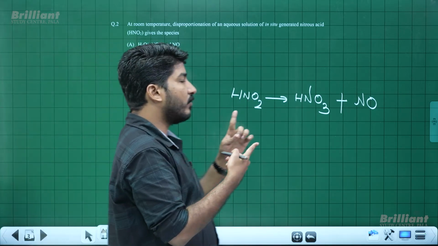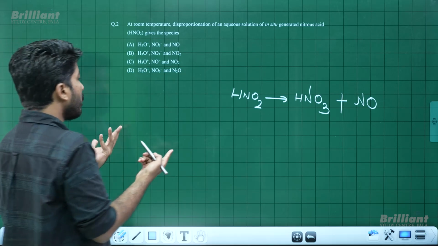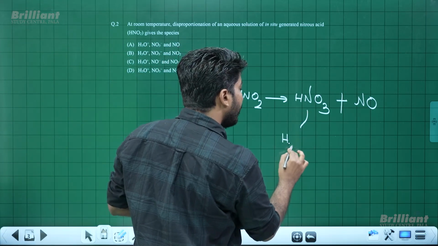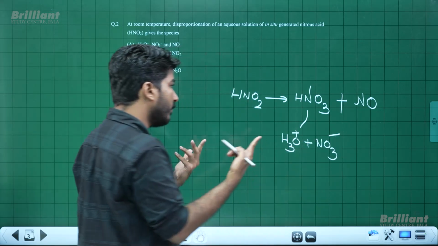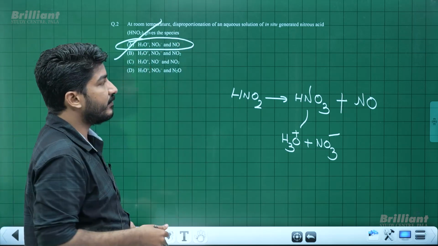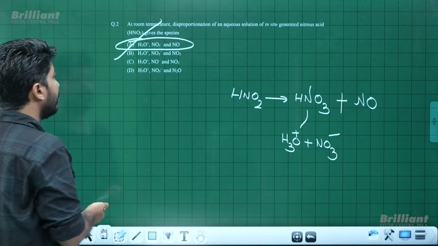Along with that, H2O is also formed. This is happening in aqueous medium. So HNO3, being a strong electrolyte, we can write as H3O+ and NO3-, and NO gas. So these are the products of disproportionation of nitrous acid. So we can pick option A for this question.